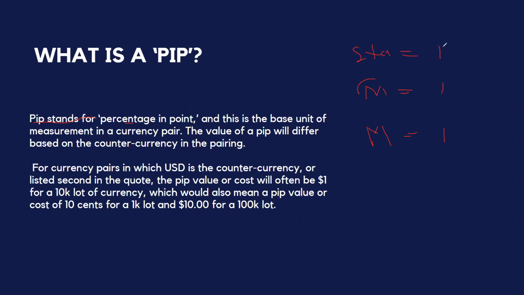Meaning, one standard lot size in money value is equal to $10. So if the market moves 10 pips, it is $100, because the value of one standard lot size in dollars is $10.